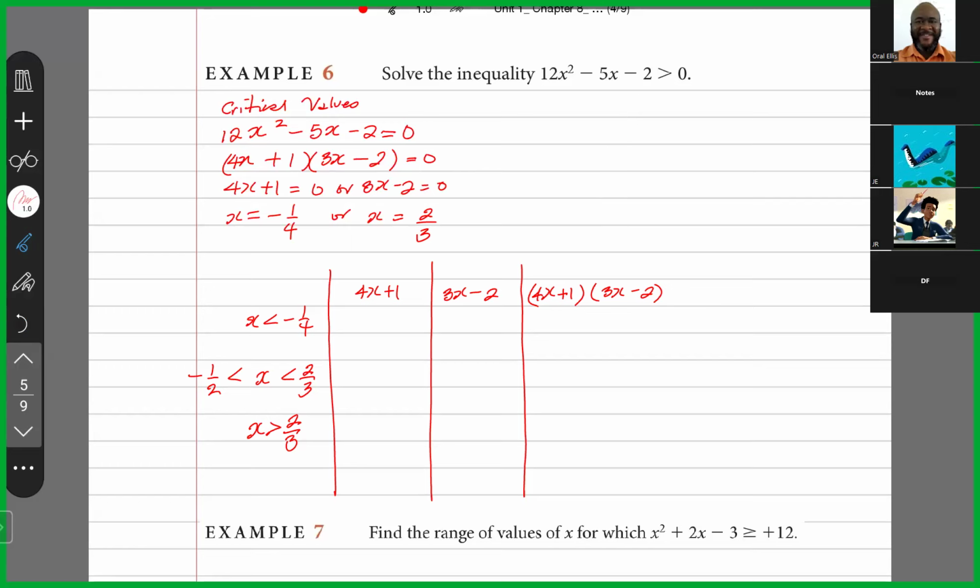All right, so if x is less than minus a quarter, x could be like minus 1.